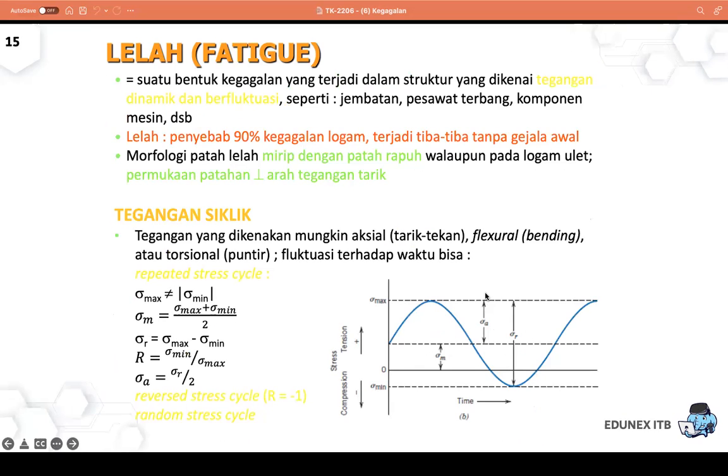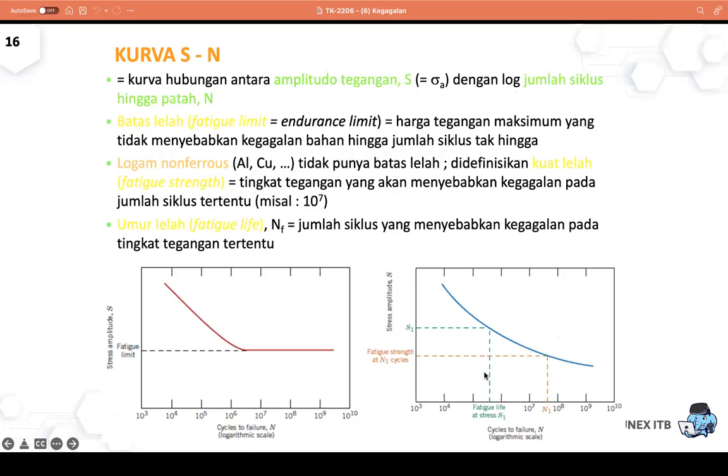This is the stress amplitude, or sigma A. So you can check what the maximum sigma maximum and sigma minimum are that can be applied for your loading. And if you know the sigma maximum and minimum, you can check how many cycles to failure.